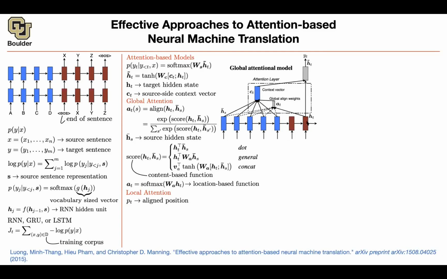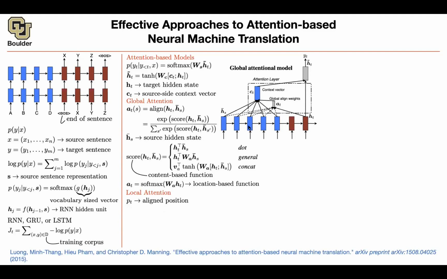So you're now sitting at this point in time. You can think of it as time, you can think of it as index. You're sitting at this point and you want to predict this word. Maybe you're here and you want to predict y. And you want to know, where should I pay attention to? First of all, you want to do it locally. You're going to say, I'm going to have a P of t that is going to tell me where in the sentence I'm going to look at.